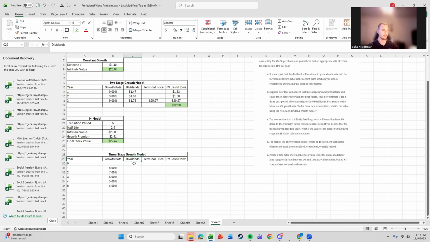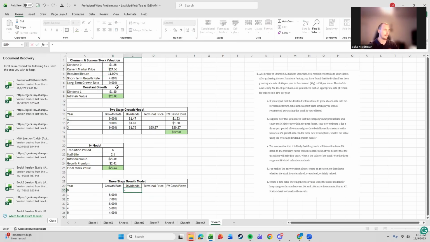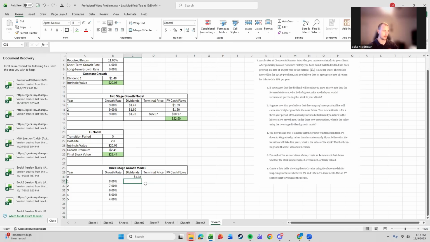All right, dividends. So we need the year one dividend in there so that we can do this times 1 plus the growth. And then I don't know why that's not centered, but drag this down.